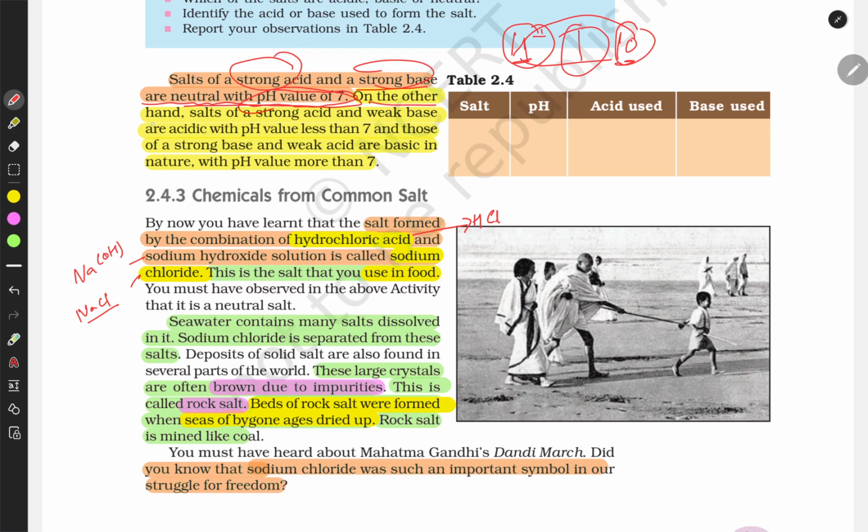However, on the other hand, the salt of a strong acid and a weak base is acidic, with a pH value of less than 7. A strong acid contains a large number of H plus ions, while a weak base contains only a few OH minus ions. Suppose the acid contains 10 H plus ions, which is why it is a strong acid, and a weak base contains, suppose, 5 OH minus ions.